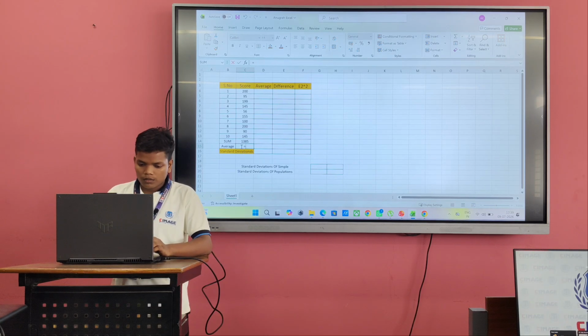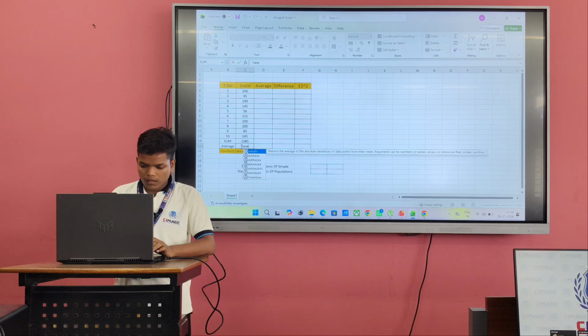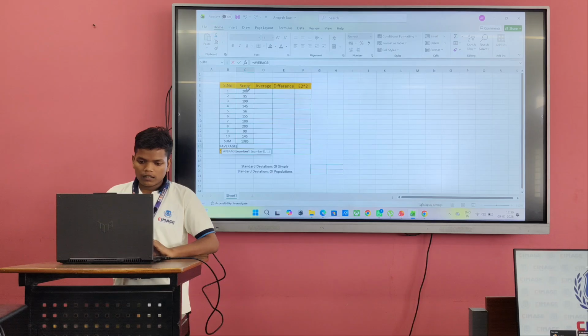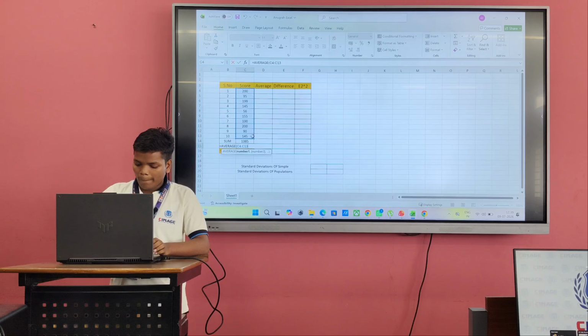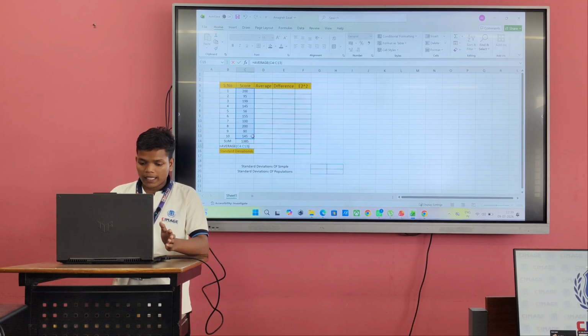Average. So the average formula is equal to AVERAGE, select C4 to C13, bracket close.